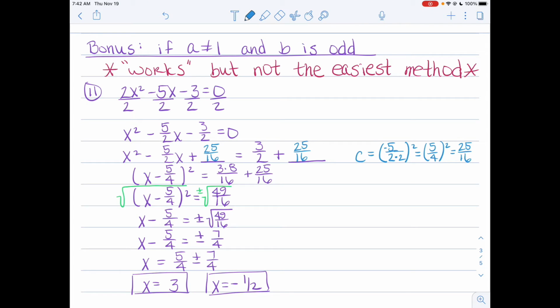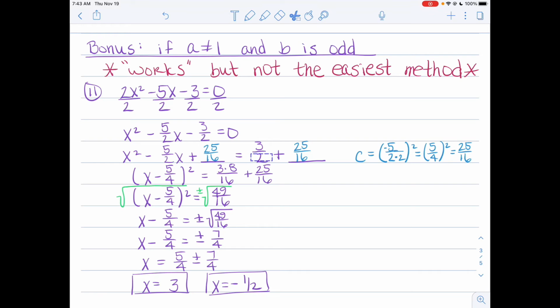We can take 25/16 and plug in our C value here and here. Now we have to come up with our binomial that's squared. And remember that I take half of the B value in order to get this value, so that's going to be -5/4 squared.